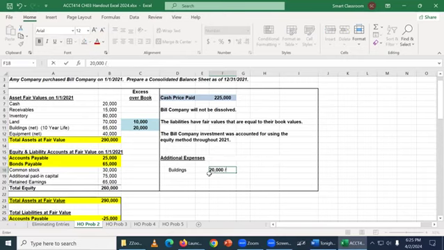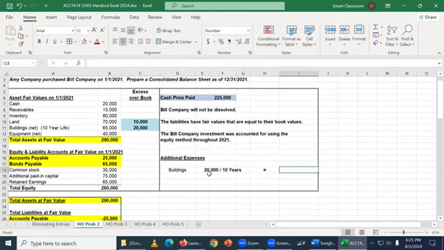I'm just going to write it out. 20,000 divided by what, 10 years? I forgot I'm in Excel. 2,000. Oops. So this would be additional depreciation expense.